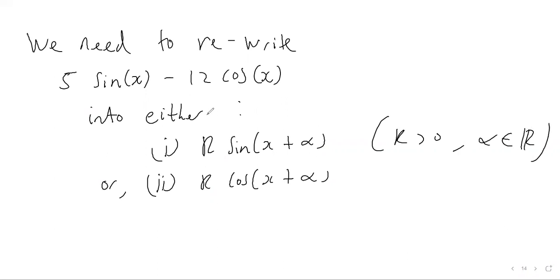Yesterday, we looked at how we could convert these two forms here into this kind of form where you've got an addition or a subtraction of a sine and a cos wave. So that's what we want to do here. And then once we can convert this into either one of these forms, we can then work out the maximum value and the minimum value by using these forms rather than just taking maximum and minimum values individually of the individual sine and cos waves, which would be incorrect as we just saw on the previous slide.